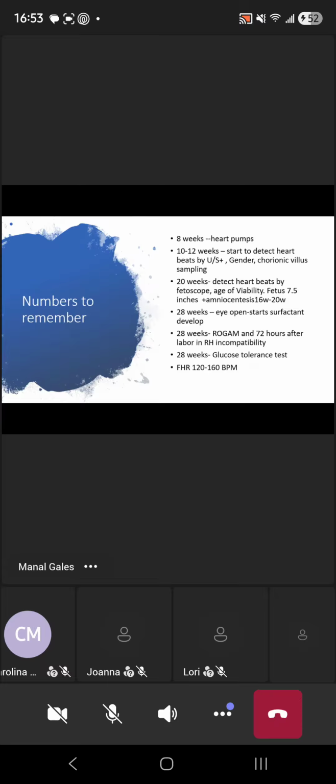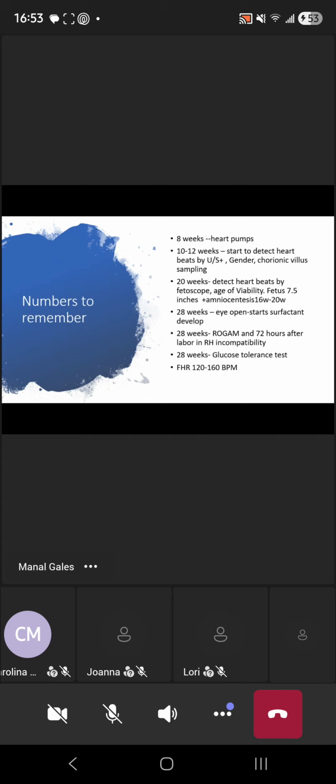Also, at 28 weeks, many things happen. We can give RhoGAM, the first shot of RhoGAM. What is RhoGAM? It is for RH factor, RH incompatibility. For which female do we give RhoGAM?